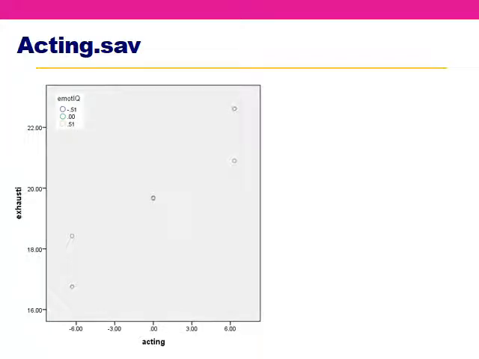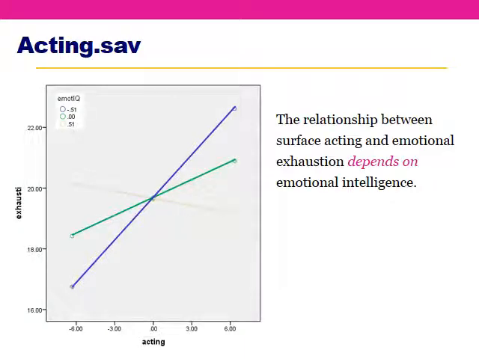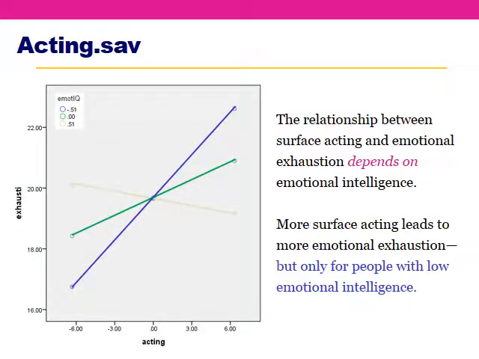Here is what that looks like in a graph. Again, I'll add the lines just so you can easily see the dots here. The blue line is people who are low in emotional IQ. The green line is people who are average. The brown line is people of high emotional intelligence. And what you see here is that the blue line clearly has the steepest slope, right?